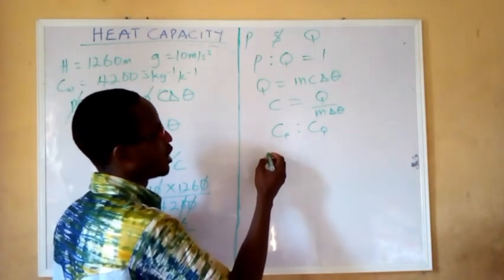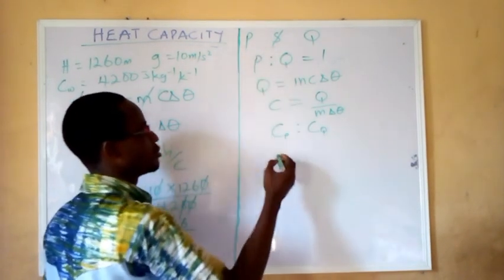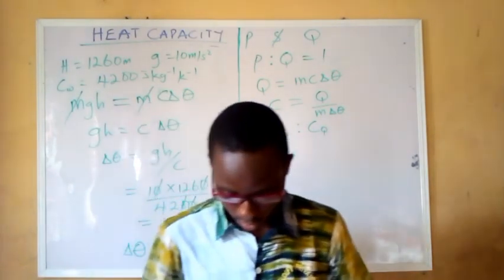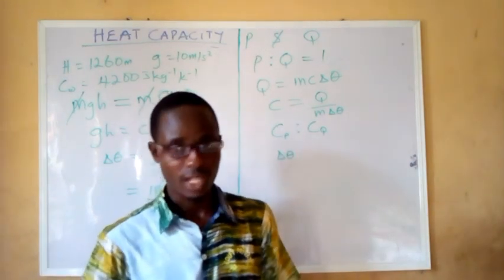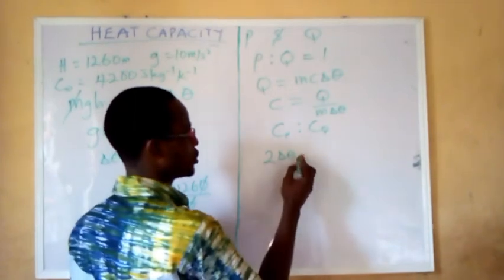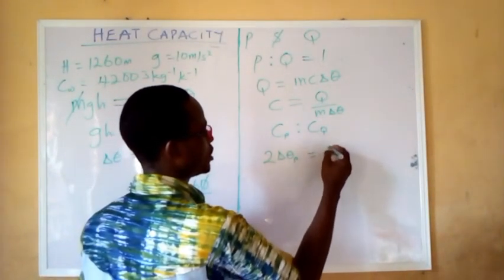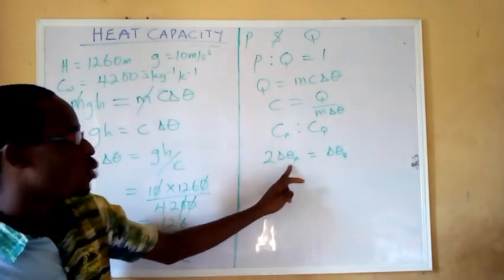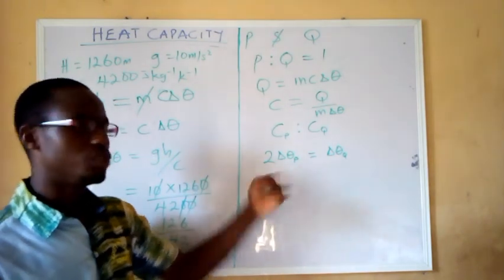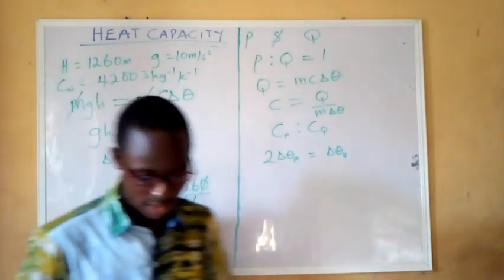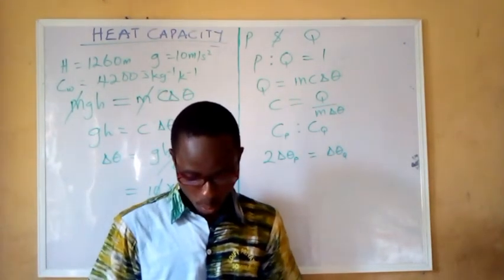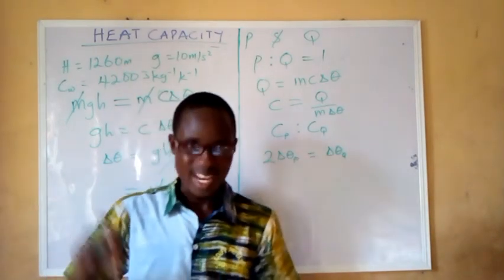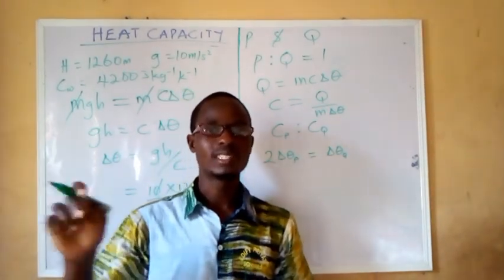We have the change in temperature in P, as it is said in the question, is to be twice of that in Q. That means we have 2 change in temperature of Q is equal to change in temperature of P, because in the statement it is written that the change in temperature in P is observed to be twice that in Q.